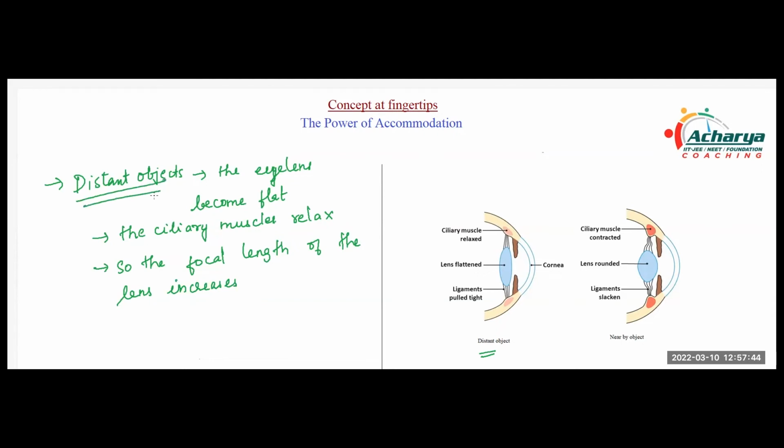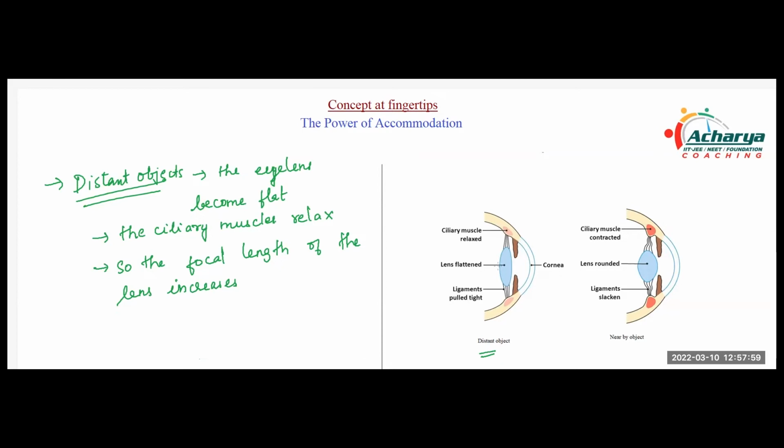So when we are looking at far away objects, the eye lens becomes flat because the ciliary muscles become relaxed. The lens is pulled from both the directions, and the lens will become flat.